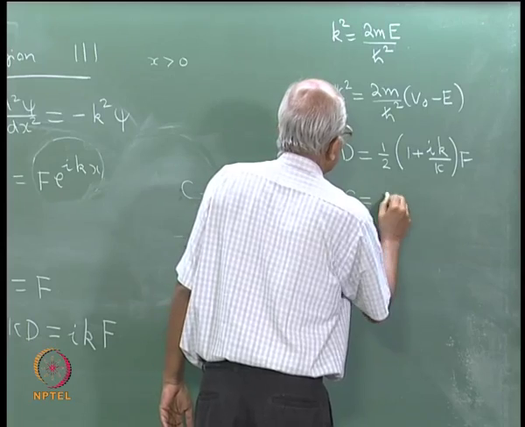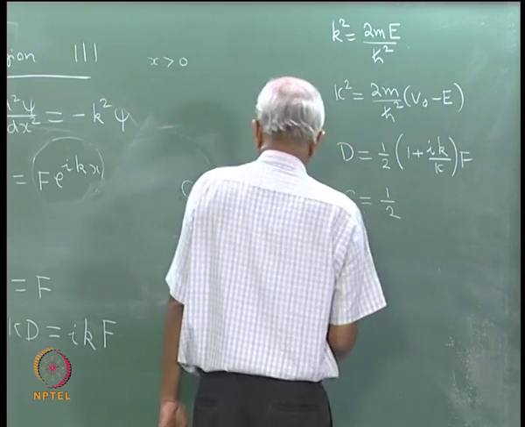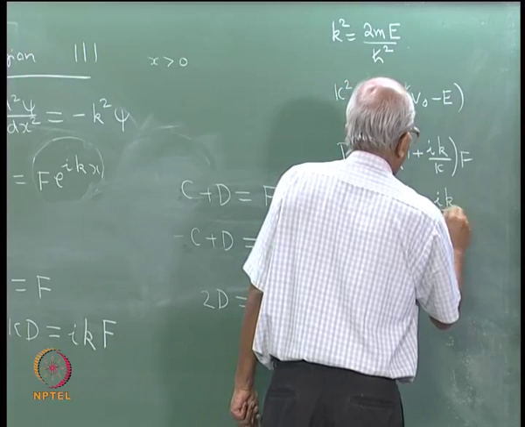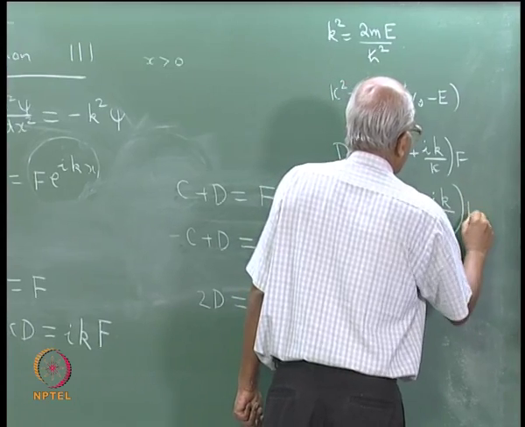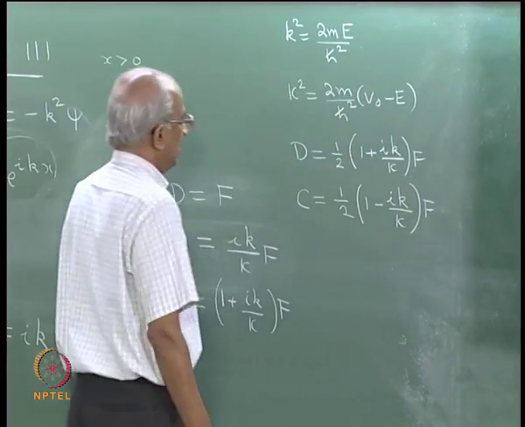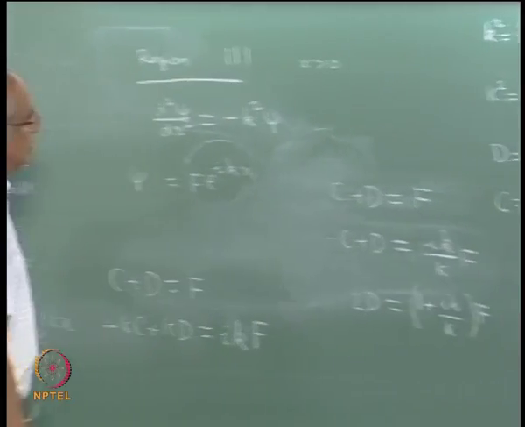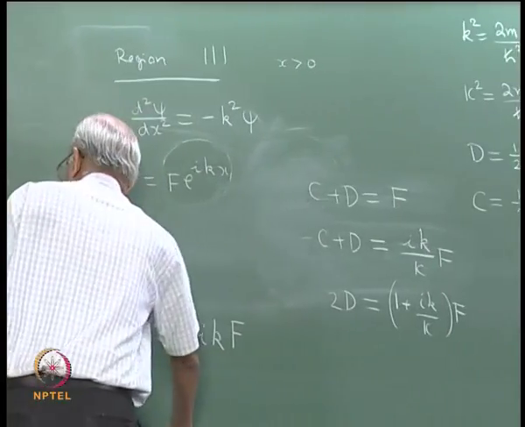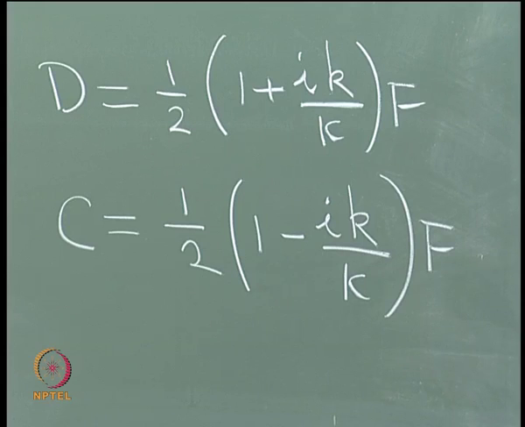C you will find is 1 by 2 into 1 minus ik divided by kappa into f. So having obtained these, I will remove the intermediate steps.